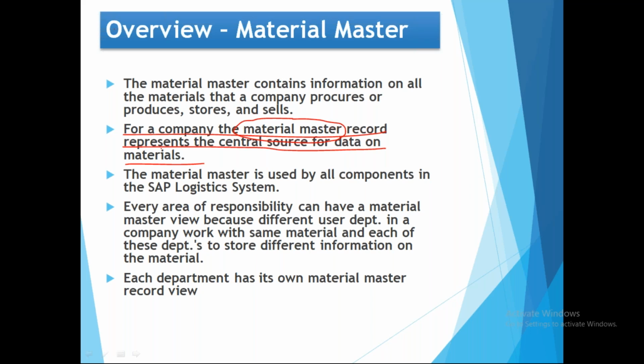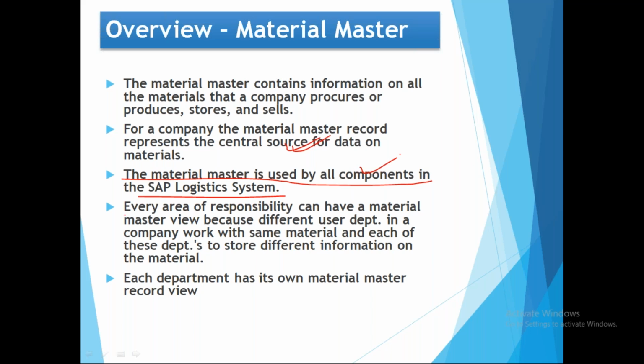Material master is relevant for all the modules in SAP or all the departments within the company. That is why it is called a centralized source of master data. The material master is used by all components in the SAP logistics system. All components means all the modules like MM, PP, SD, warehouse management, finance, everybody will use this material master.